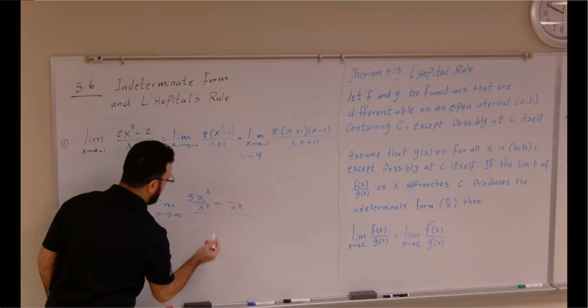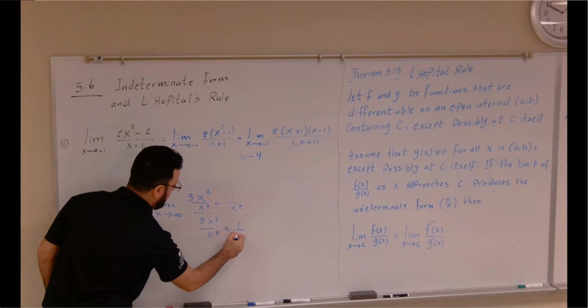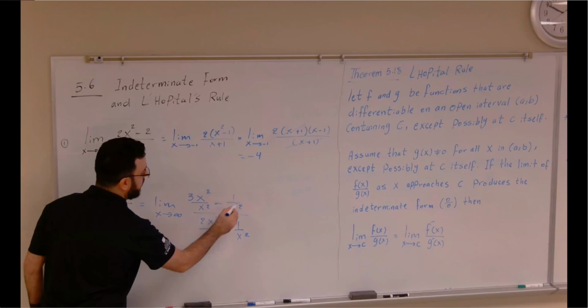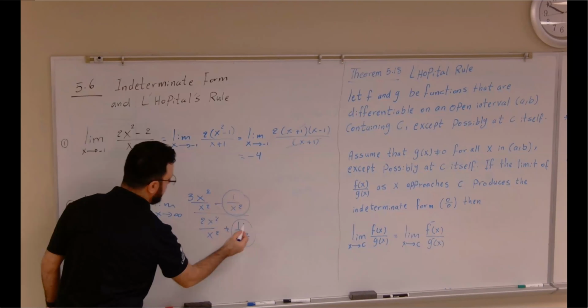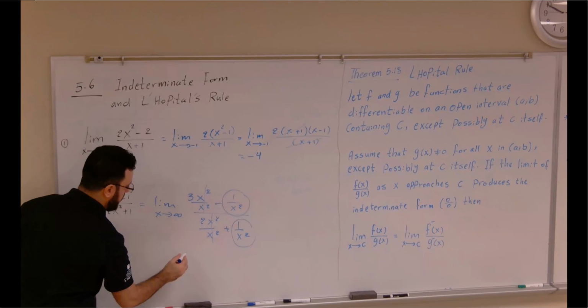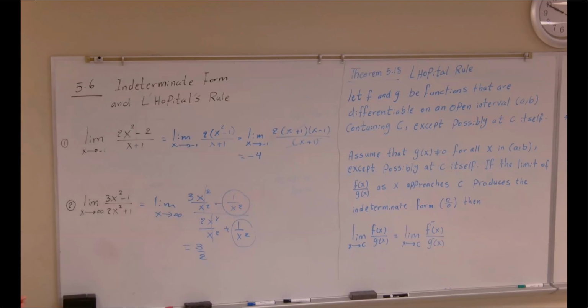And the same thing here, 2x squared divided by x squared plus 1 divided by x squared. This one goes to 0, this one goes to 0. Cancel these, so the limit is going to be what? 3/2. This is the regular way.